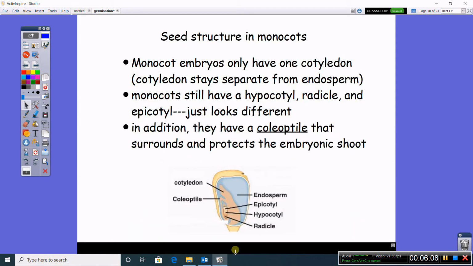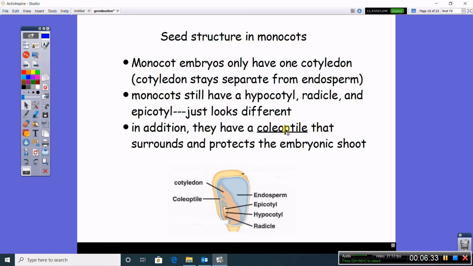Now, a structure that monocot seeds have that dicot seeds don't is the coleoptile, okay? It surrounds and protects the embryonic shoot. The way you're going to know the coleoptile is when a seed germinates and starts to emerge through the soil, this is what emerges from a monocot seed.